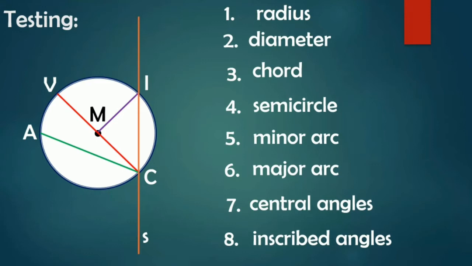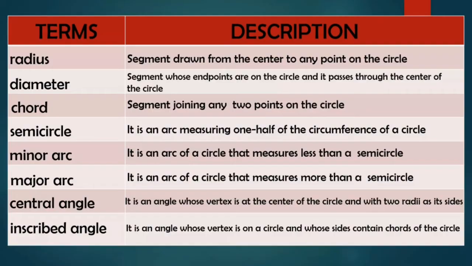Now, let's proceed to the other related terms in circle. So, we have the radius, the diameter, chord, semicircle, minor arc, major arc, central angle, and inscribed angle. Given the circle M, we need to identify the different terms related to circle. So we have radius.